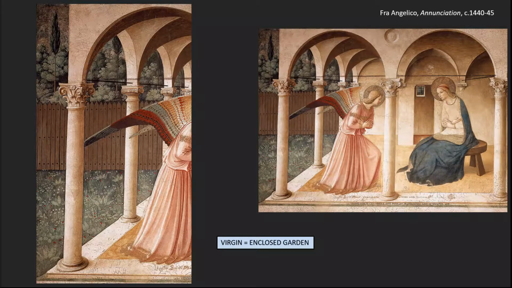And we find that throughout devotional literature, religious literature from this period and even earlier. So Fra Angelico is including these elements to add to the symbolism, right? The enclosed garden, the clean room, the light through the window.